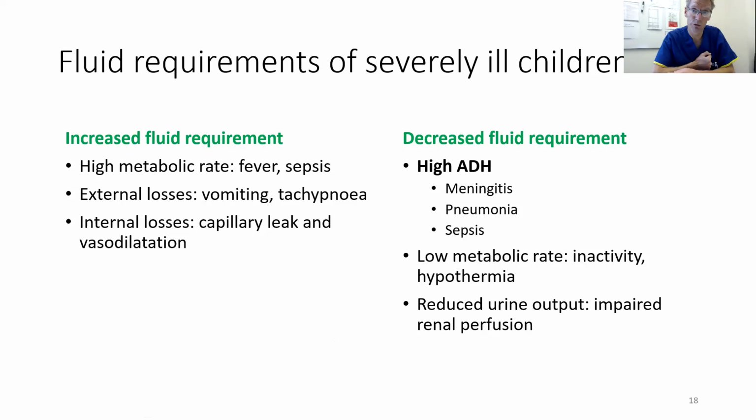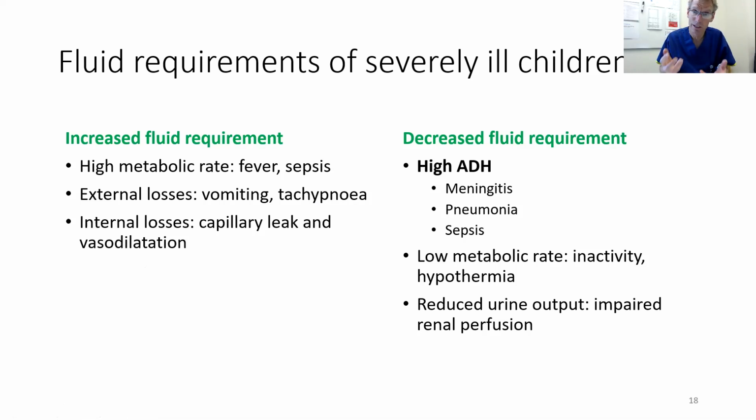But for some children, they'll need an increased fluid requirement. So if they've got a high fever, they might need a bit more fluid. Or if they've got vomiting or diarrhea or tachypnea, they might need a bit more fluid. Or if they've got, say, appendicitis and they've got lots of third spacing losses within their gastrointestinal tract, then they might need a bit more fluid.